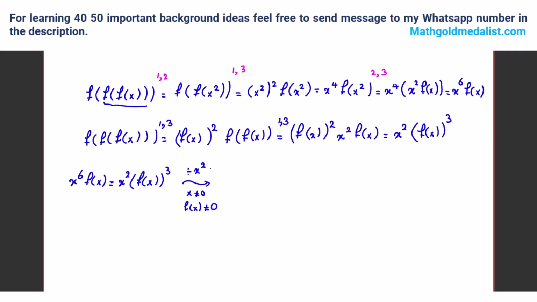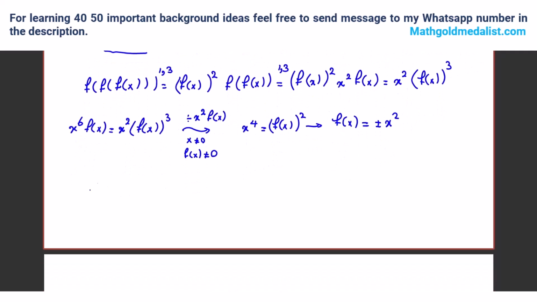So if we simplify, we can divide by x squared f of x. So it will be x to the 4 is equal to f of x squared. So from here, we can conclude f of x is equal to plus minus x squared, okay? From real numbers to real numbers. So we can conclude f of x can be 0, because here we consider it's not 0, or plus minus x squared.